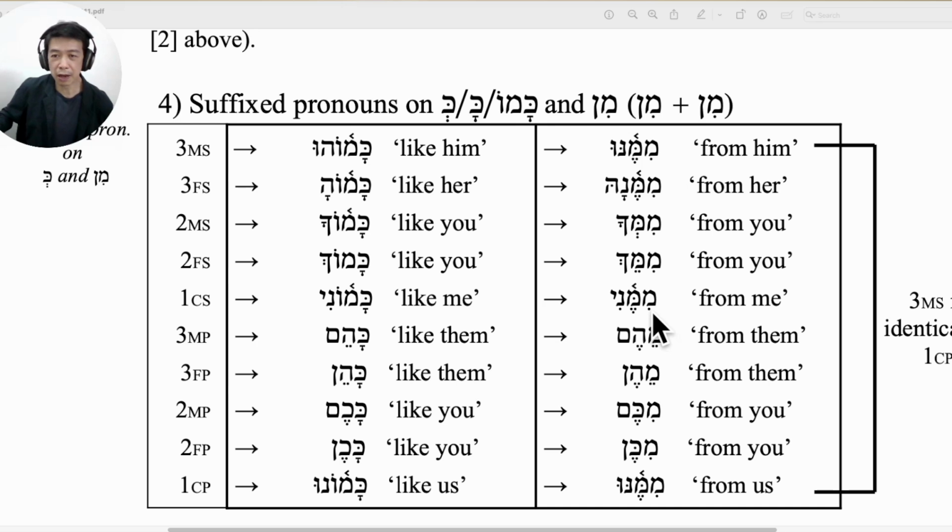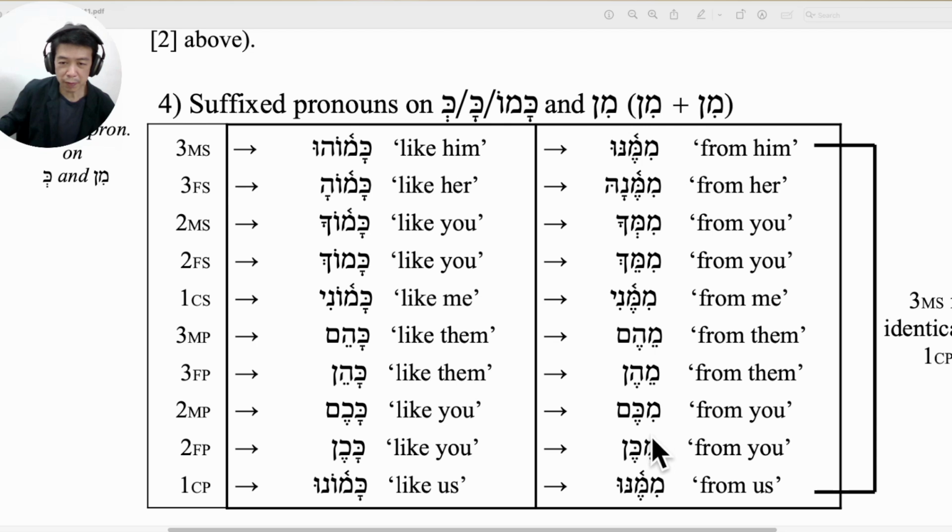From me becomes mimeni. From them becomes mehem. From them, for third person feminine plural, it becomes mehen. From you, second person masculine plural, it becomes mikem.